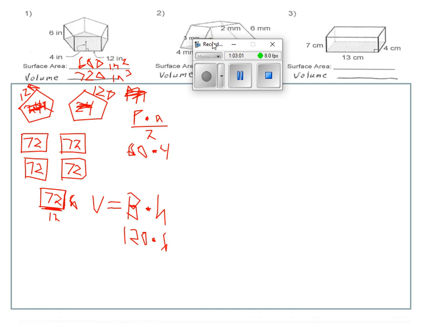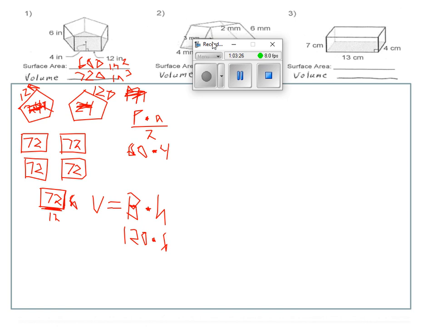Let's do the bottom first. What's the dimensions on the bottom? What by what? 13 by 4. How about the top then? 13 by 4. How about the left end? What's the dimensions down there? 7 by 13. 7 by 4. Oh, right, we're talking about the bases.